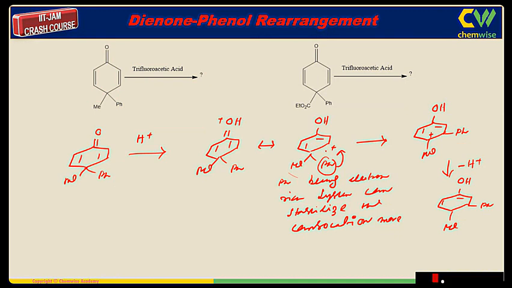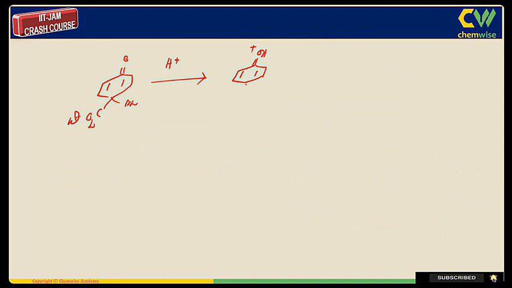And for the next case, this is double bond O. This is CO2 and this is pH. So what we discussed earlier, we are going to see how that explains these things.